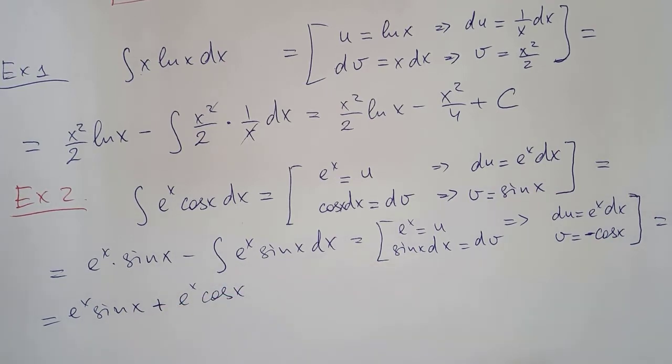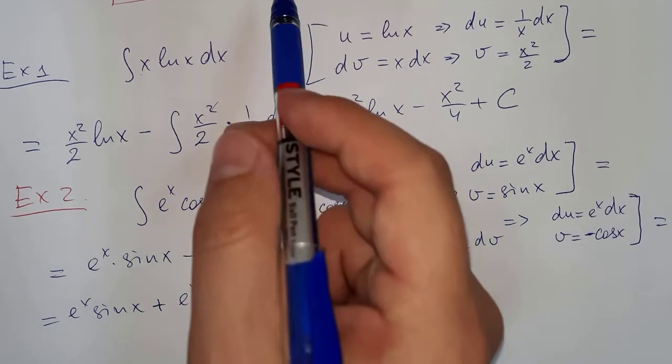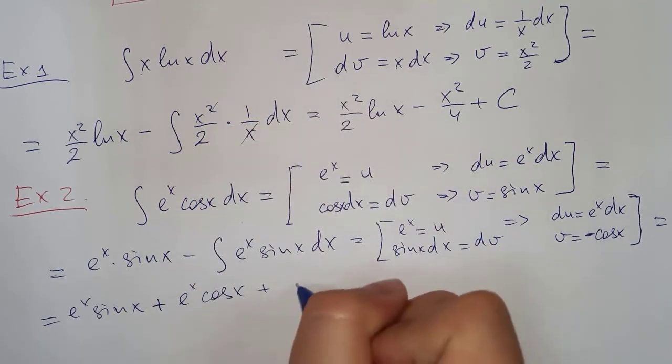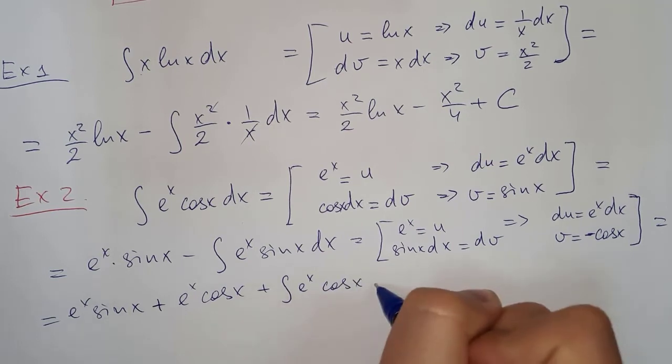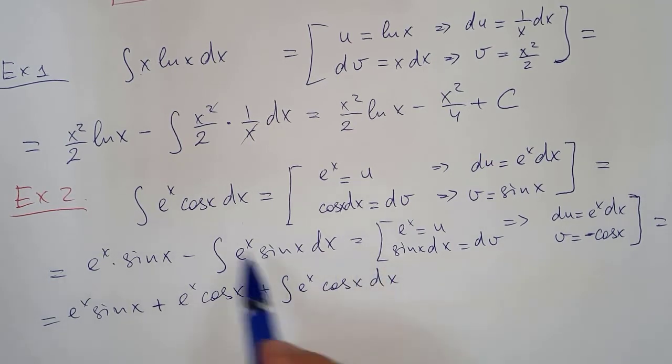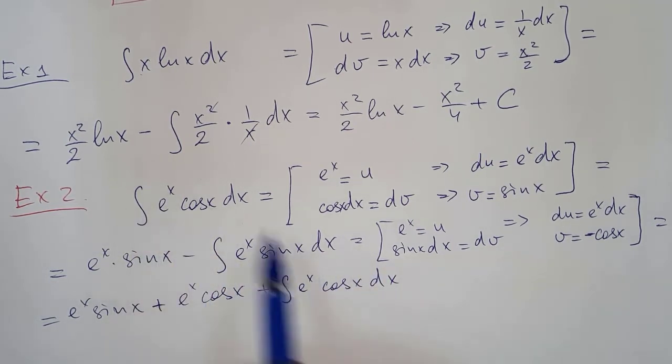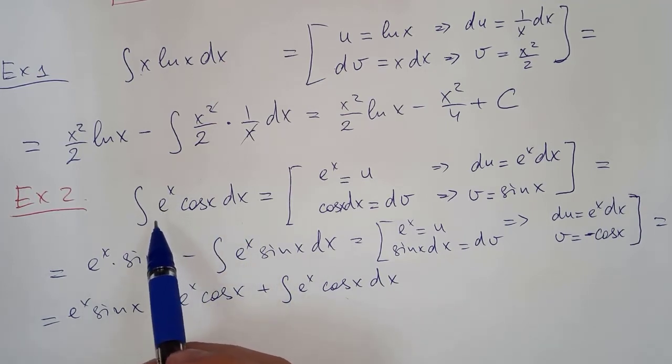And here we have minus, and in the formula we have again minus, so this is plus now, plus the integral of e to the power of x cosine x dx. So look here, they are the same: e to the power of x cosine x dx and e to the power of x cosine x dx.